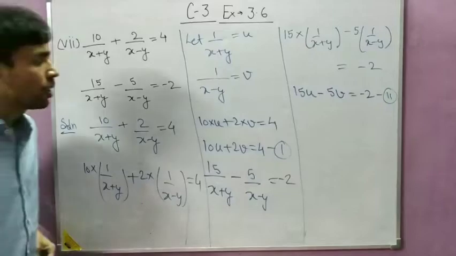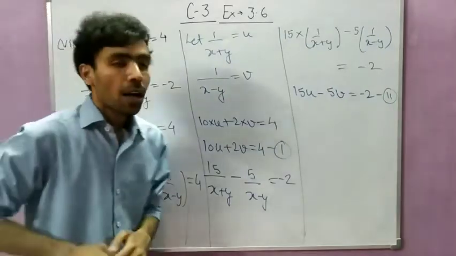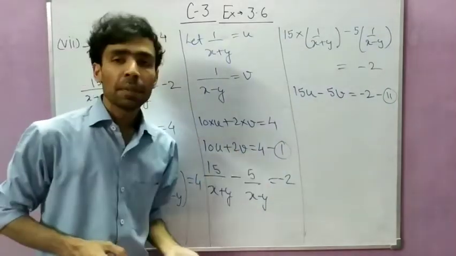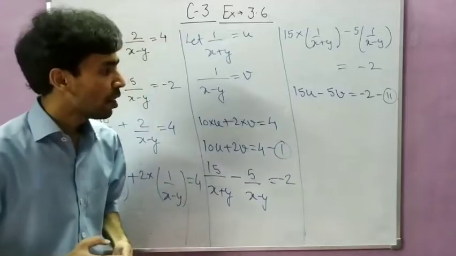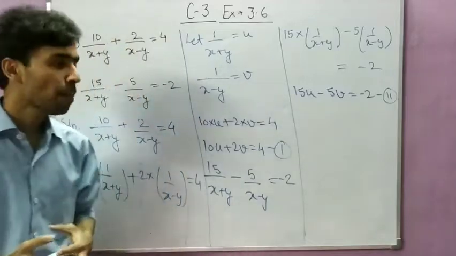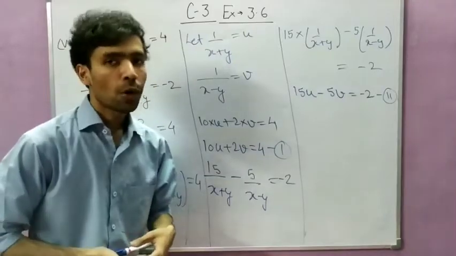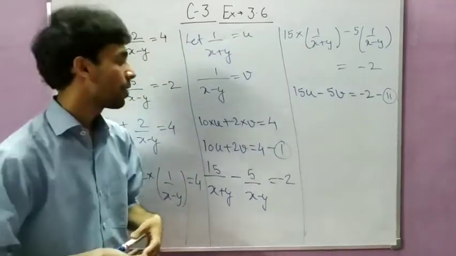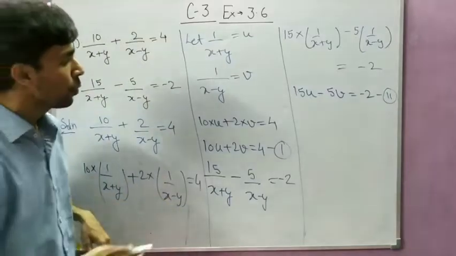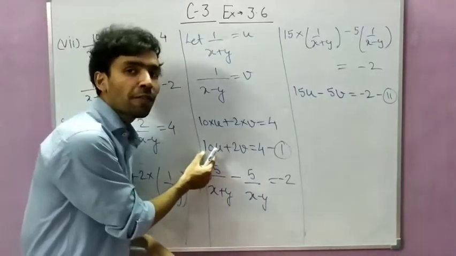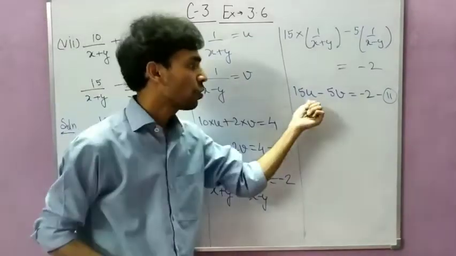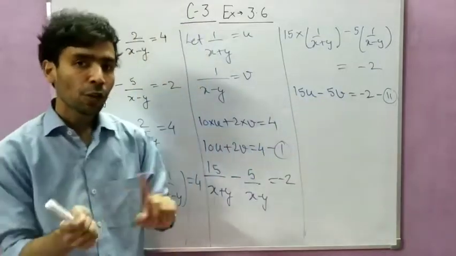Now student, these two equations can be solved by any method. So I will use the elimination method because it is simple. I will eliminate either u or v. For eliminating u, the coefficient of u in the first equation is 10 and in the second equation is 15, but we want to make them equal.